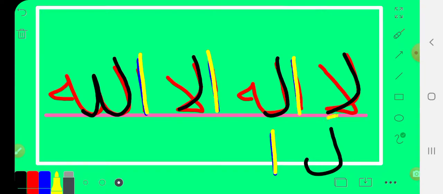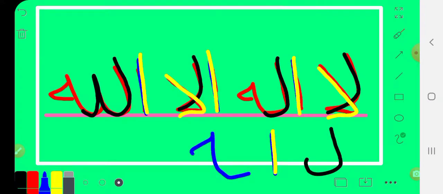So there you have the lam, and you add the alif like that. So from the lam you go upwards. So there's 5 alifs, and then finally we have the ha, which is like an h letter, as in banana, but in the reverse, right? And there's only 2 of them.